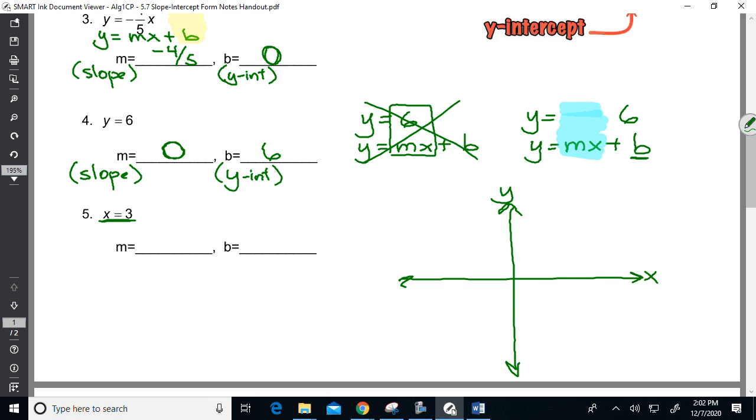This is a vertical line. Y equals 6 would be a horizontal line. For a vertical line, go to the x-axis, put a point on 3, go somewhere above it or below it, put another point, and draw your vertical line.